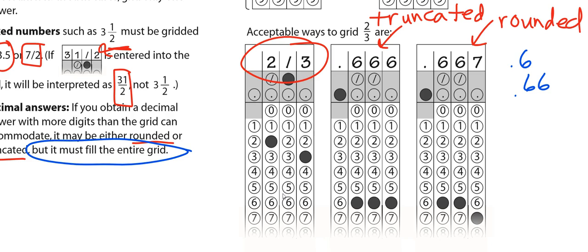Now, it's okay if you write it as a fraction, you're not going to have to fill the whole grid, 2/3. But if you decide to go with the decimal version, you must fill in every box. Now, that's not true if it's 2.5. You don't have to put 2.50. I don't think they can take anything off if you do.